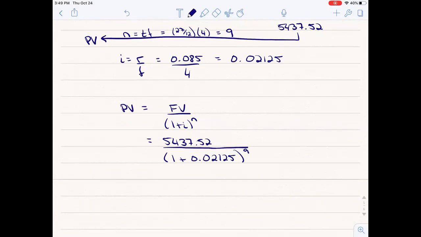I'll extend that fraction a little bit. Again, you have to be really careful with BEDMAS, right? You have to deal with what's inside the brackets first, then do the exponents, and then do the division.